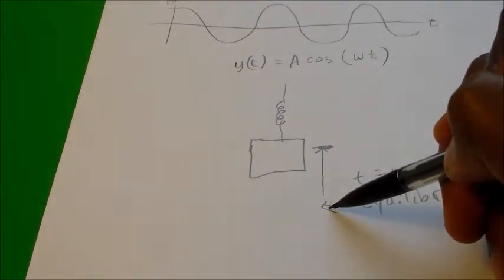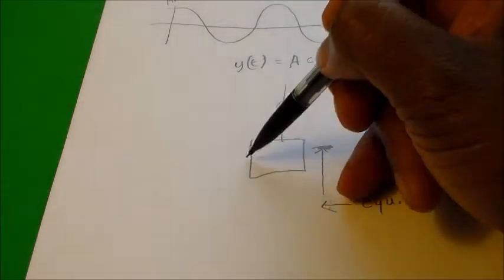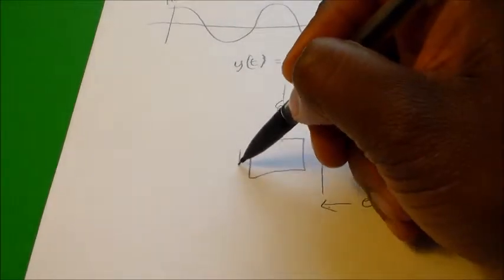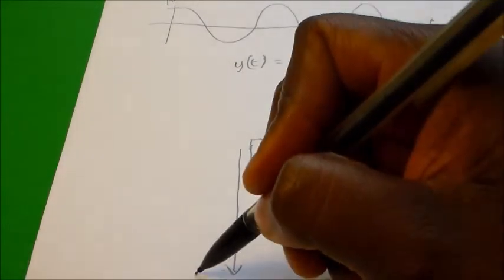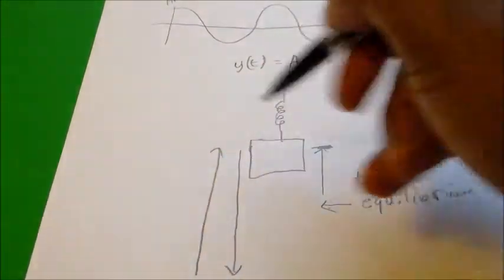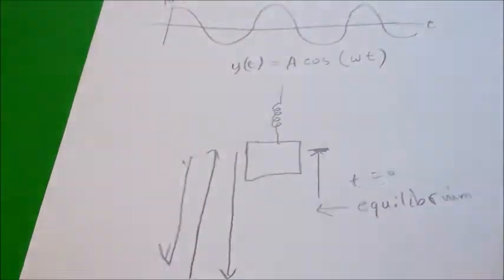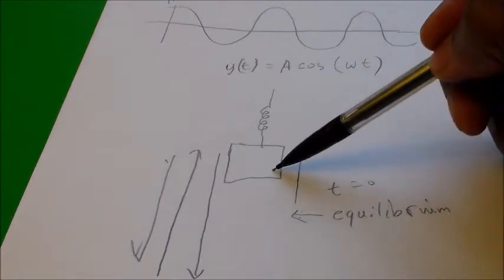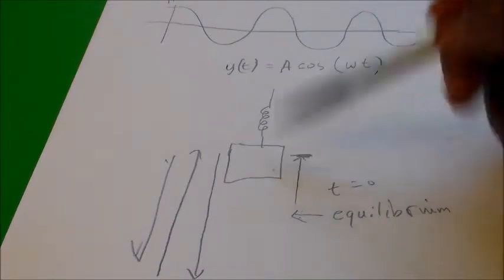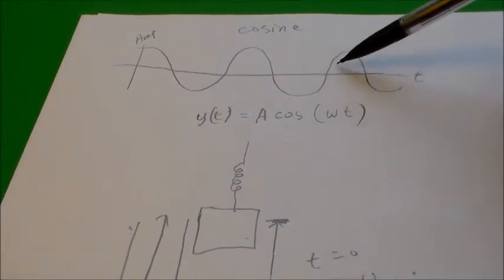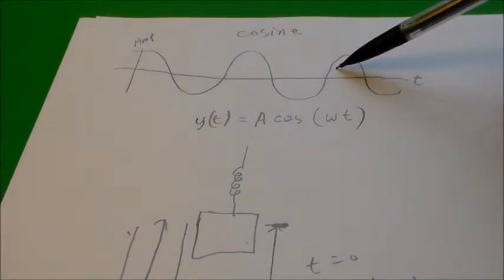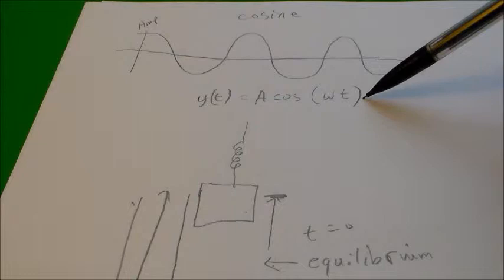Equilibrium is somewhere down here, and so when we start timing, the box is going to start by going down first past our equilibrium point, then coming back up past the equilibrium point, down, and so forth. So this cyclical phenomenon is described by this cosine graph up here and this equation.